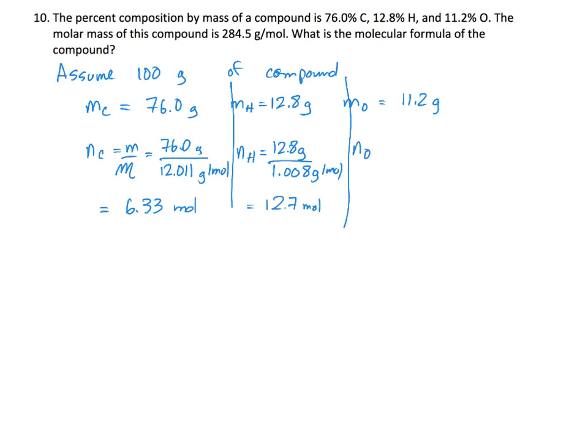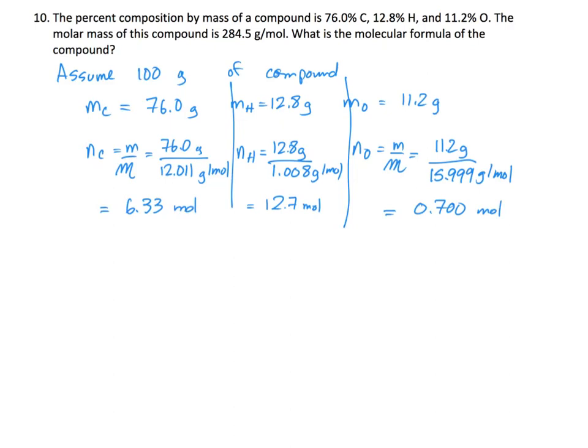But our moles of oxygen is mass over molar mass again. 11.2 grams over 15.999 grams per mole, 0.700 moles.